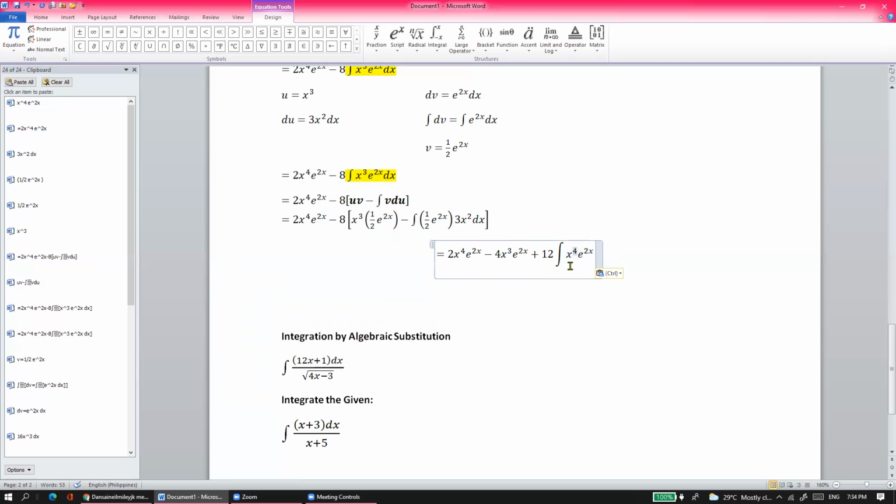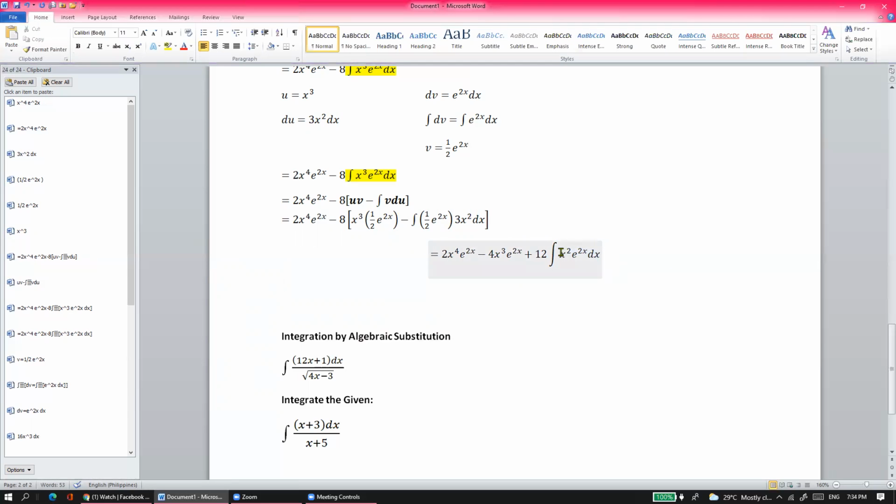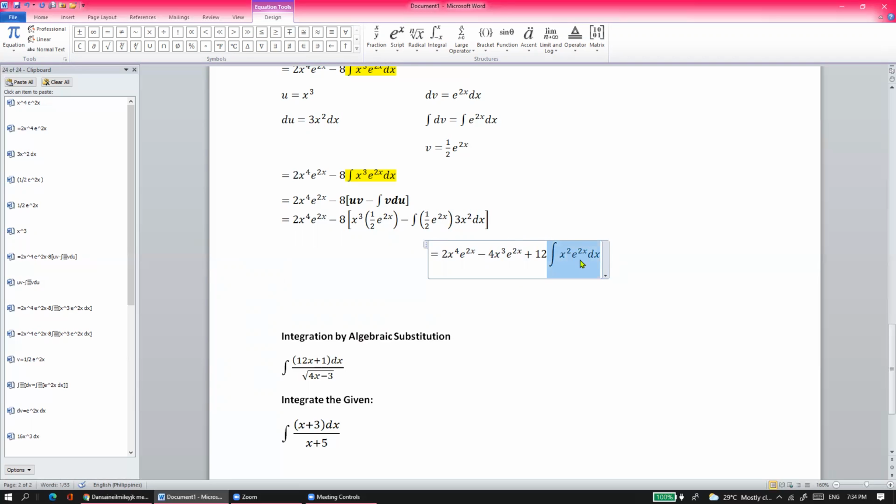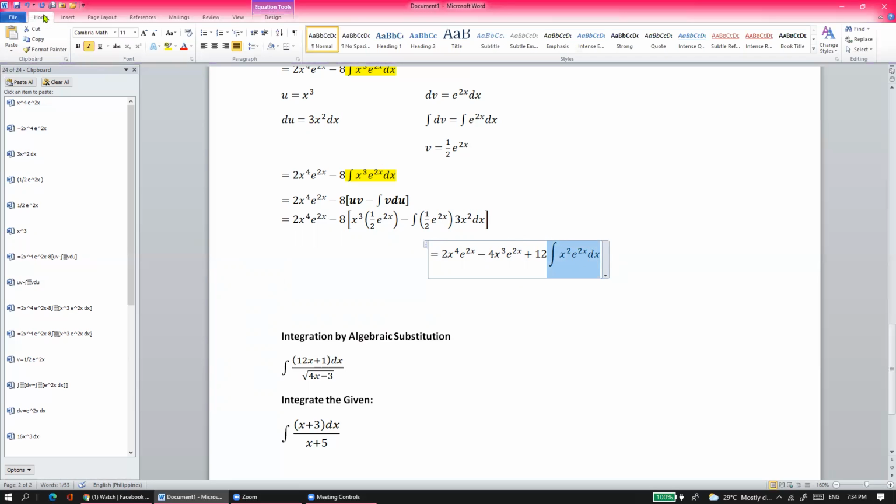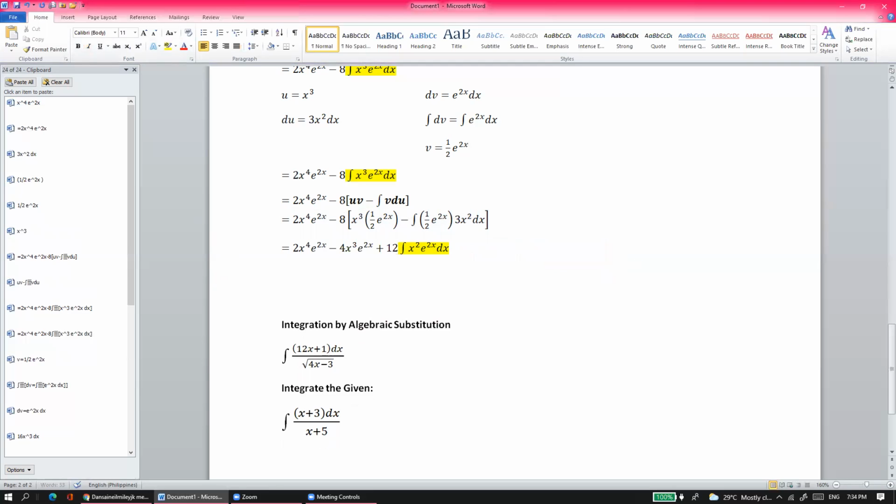And then this will become square. X squared e to the 2x and then dx sa dulo. Again, dito, hindi pa rin siya pwede. Again, we need to apply again another process using integration by parts.